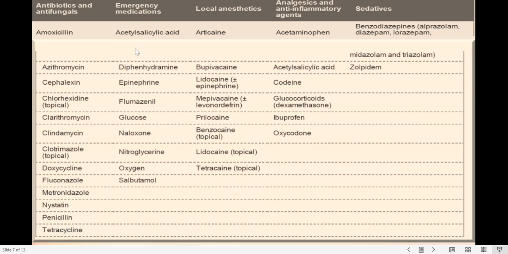They prescribe certain emergency medications, and they also use local anesthetics, analgesics, and sedatives such as diazepam and midazolam.